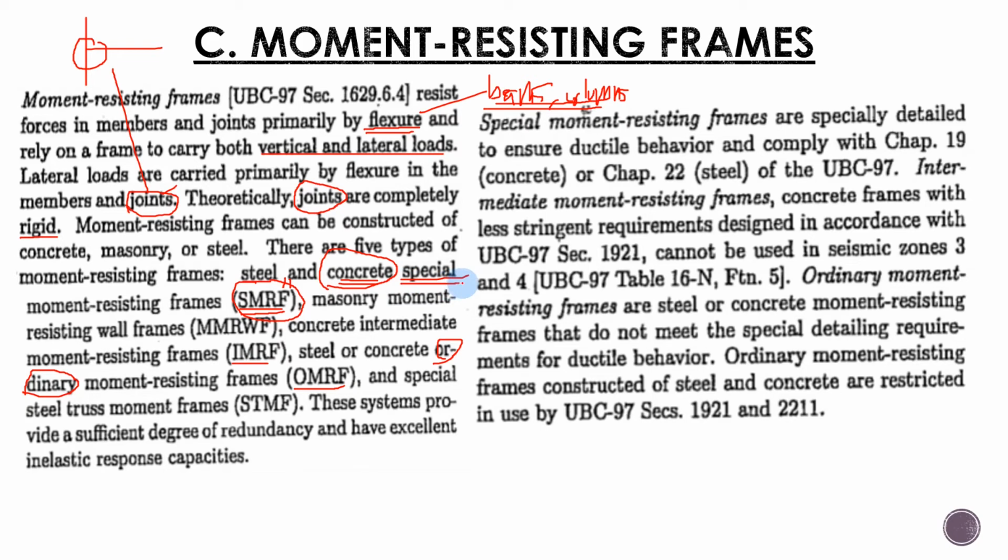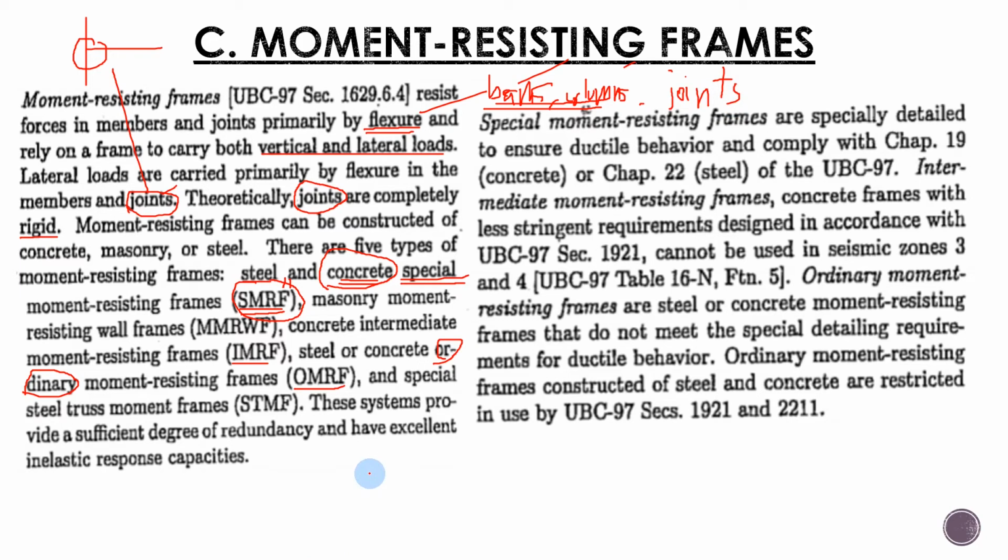Kaya naa siyay mga codes guys sa detailing, sa design, na bantayonon labi na sa pag-design sa beams, sa columns, sa joints, daghan tayong bantayan sa pag-abot sa SMRF. Then abot tayo special steel truss moment frames.